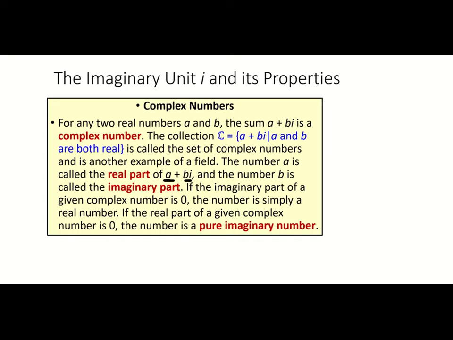And when they ask for an answer written in complex form, that means they want it in a plus bi form. So if there was no whole number, you would do 0 plus your complex number. Sometimes if you just write the bi, the complex part, you are given a pure imaginary number. But when we look at things, we will write them as a complex number, in the a plus bi form.